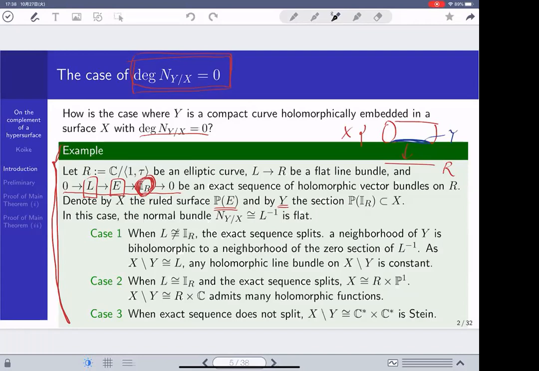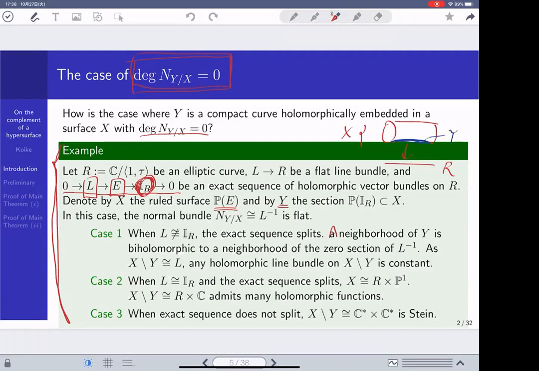It is very simple. It simply follows from the calculation of the extension class. A neighborhood of Y is biholomorphic to a neighborhood of the zero section of the dual of L.